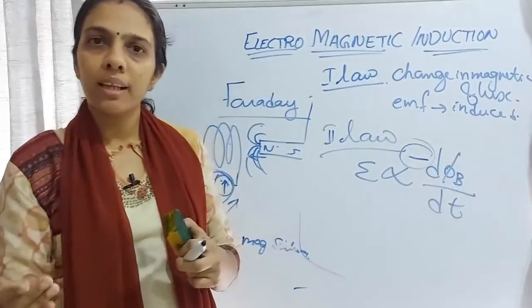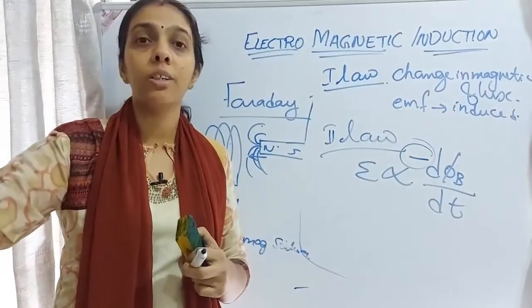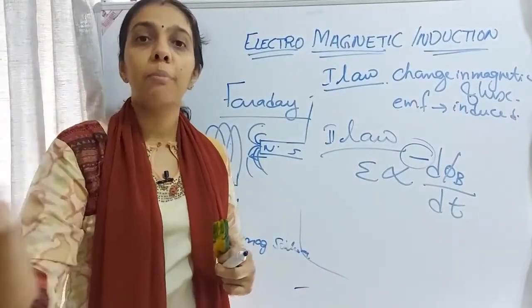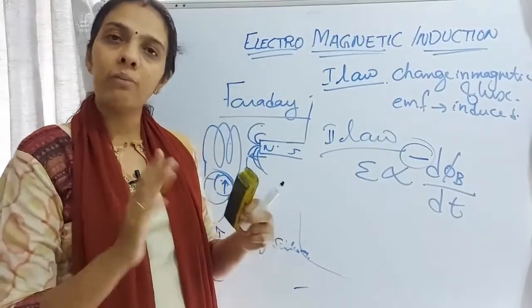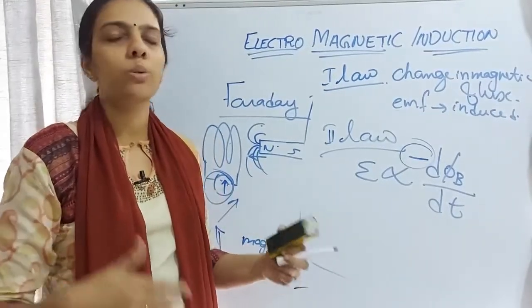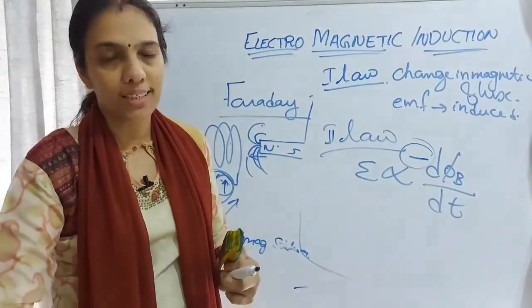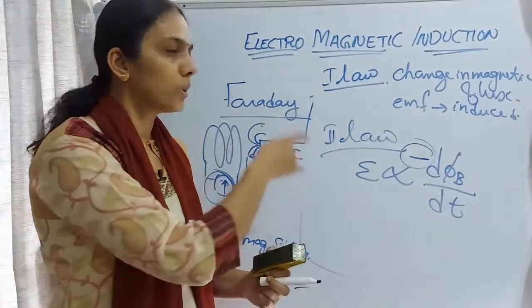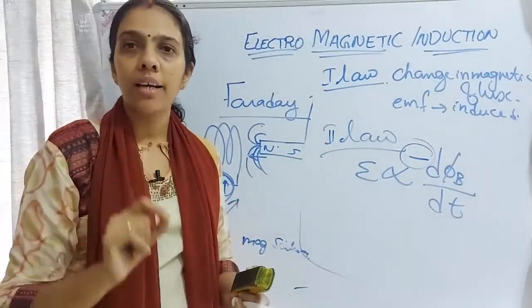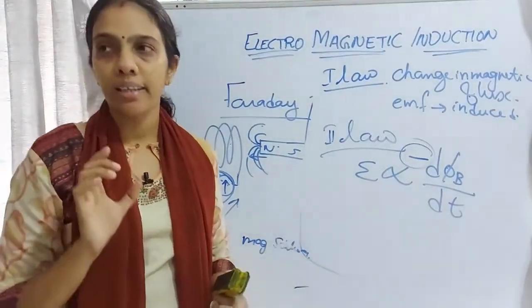We don't like being increased and decreased according to others, being operated from here and there. The same way here, EMF is being induced in the circuit, so it will always try to oppose the production of the induced EMF. That is called Faraday's second law of electromagnetic induction.